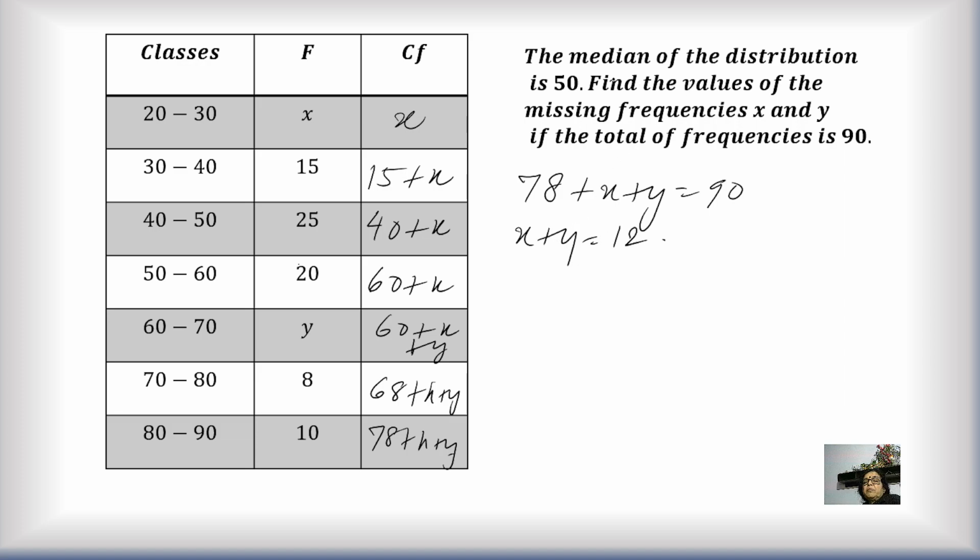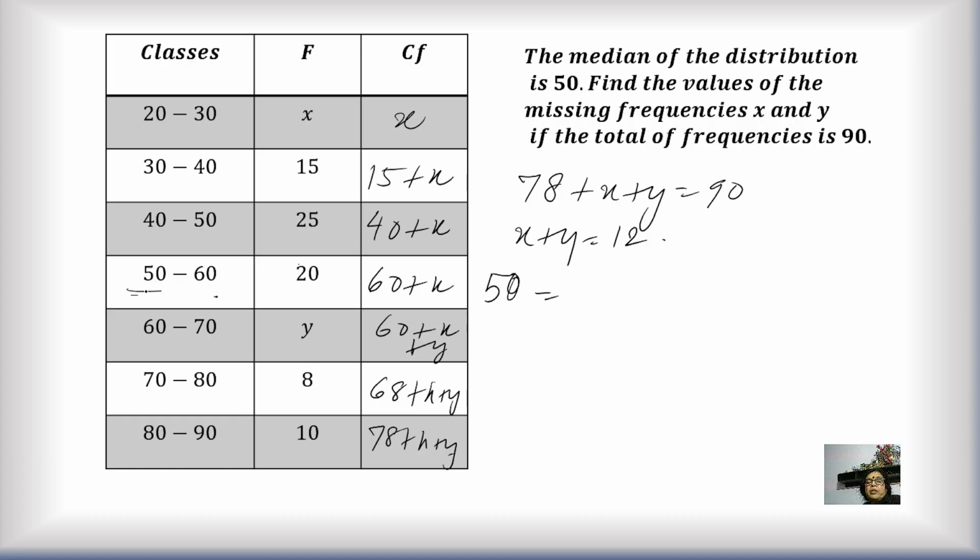Now it's given the median of the distribution is 50. Median value is given, and the sum of the frequencies is given. So we'll apply the formula, and where we write median, we'll put here 50 because 50 is given. Now the total of frequencies is 90 over here. So the median will come in this particular class, that is 50 to 60.